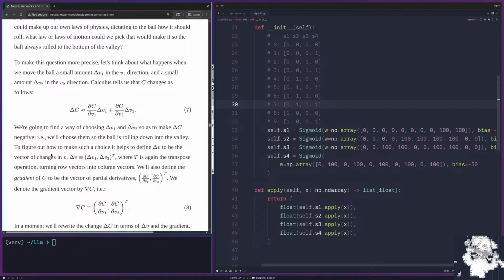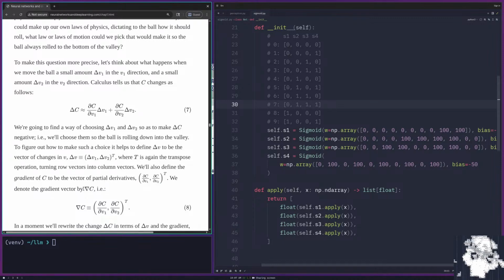To figure out how to make such a choice, it helps to define delta v to be the vector of changes in v. Delta v equals the column vector delta v1, delta v2, where T is again the transpose operation, turning the row vector into a column vector. We'll also define the gradient of C to be the vector of partial derivatives: the derivative of C with respect to v1, the derivative of C with respect to v2, as a column vector.